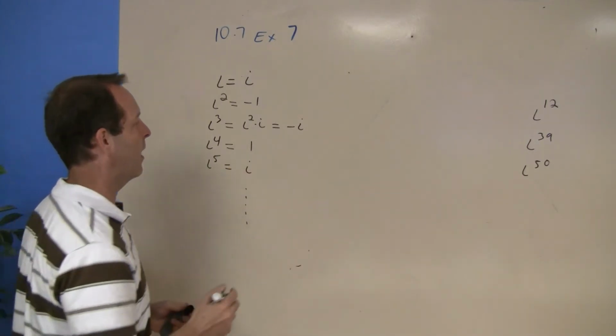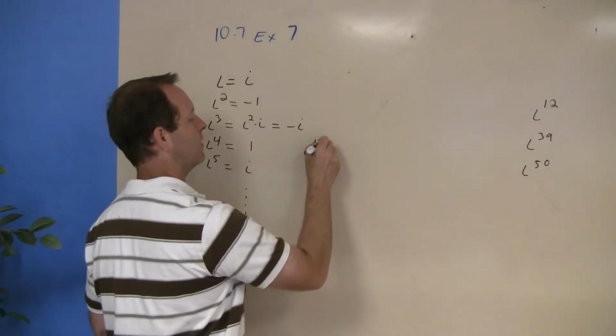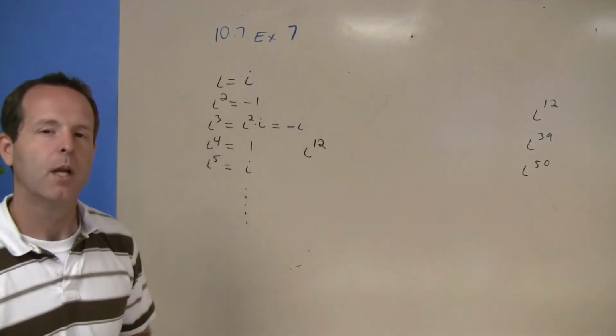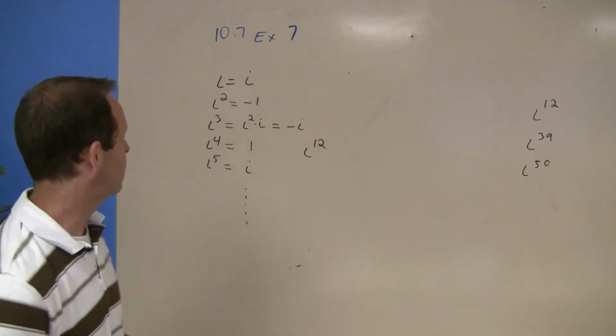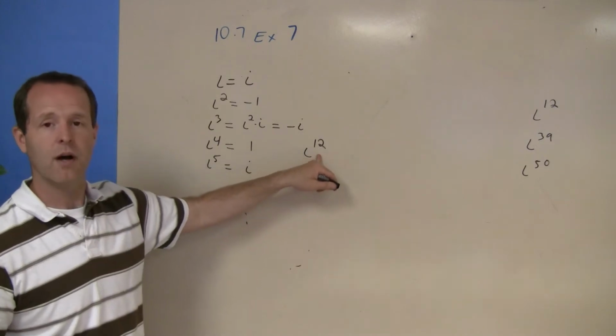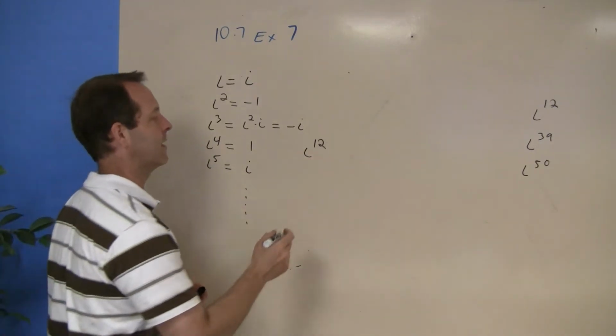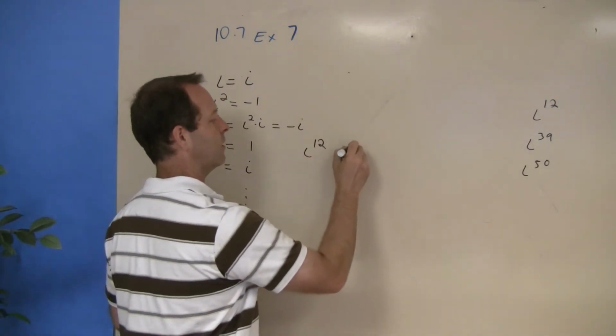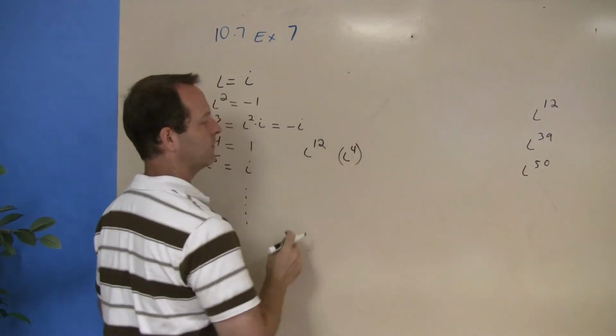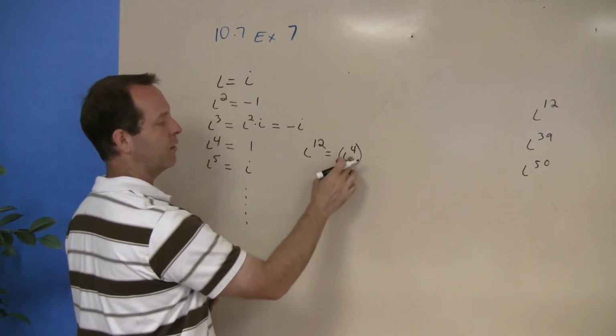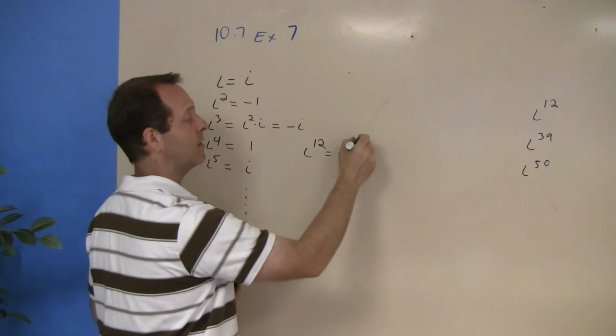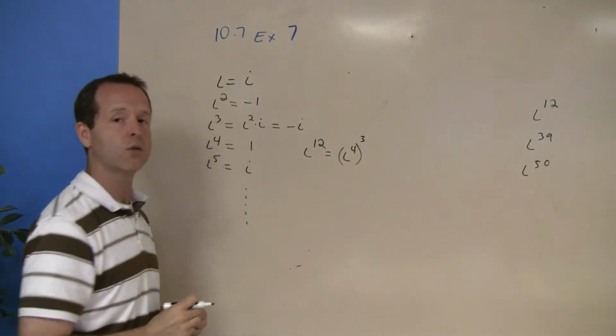So let's say I want to ask you what i to the 12th is. Well, the best way to do that is to break this down into i to the 4th, and to make these equivalent, i to the 4th has to be raised to the 3rd power to equal i to the 12th.